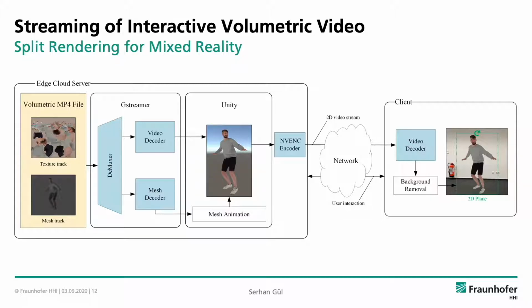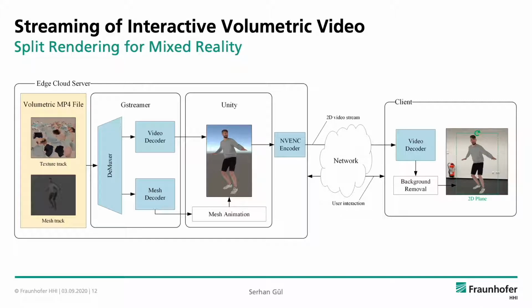And then we adapt this rendered view based on the user interaction, for example, depending on the user's head pose and position. At the client side, we decode the compressed video and remove the background. And then we place the object on a 2D plane, which is then integrated into the scene.